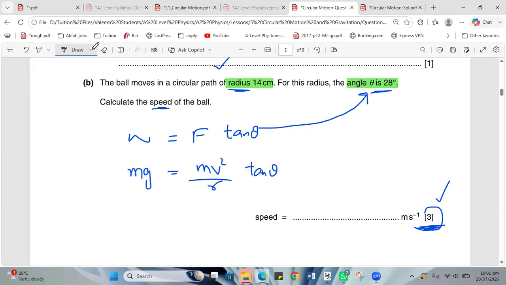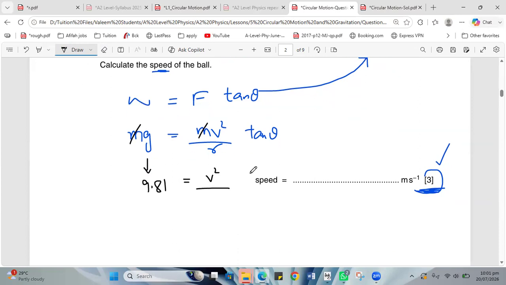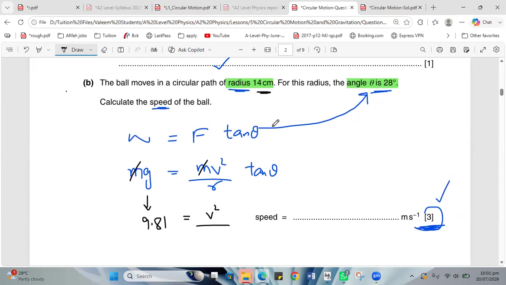Do you see? I hope you know that we are almost done with the question. m cancels out, you don't even need m. g, we know the value for g, it's the same 9.81. v is what we are finding. r is given as 14 centimeters, but please convert it to meters because look at the unit in the final answer.